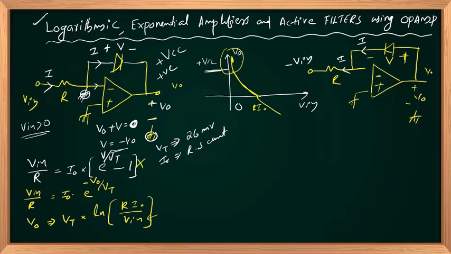As discussed earlier, if V in is positive, minus V in will be negative. That negative will give you a positive value.